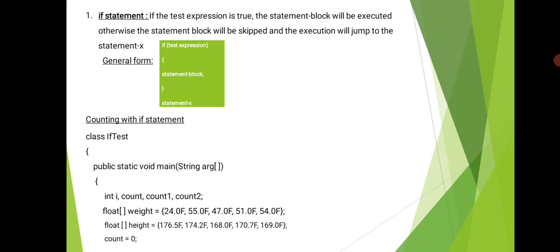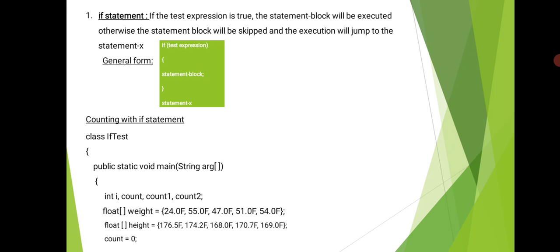In Java, float and double both are floating point values, but we can differentiate them: for double values we do not use f, but for float values we should put f after the number, that is 24.0f. Every float value should be represented using f.